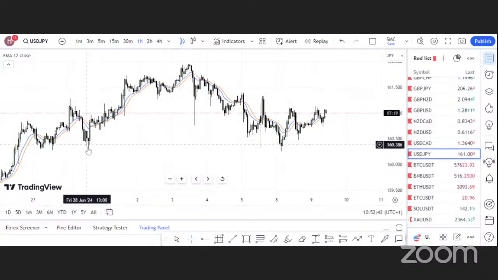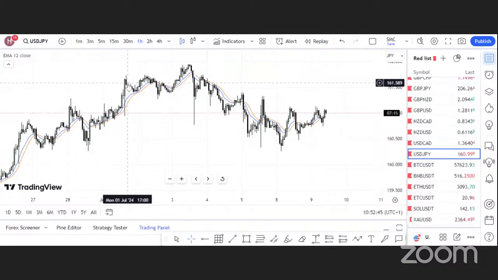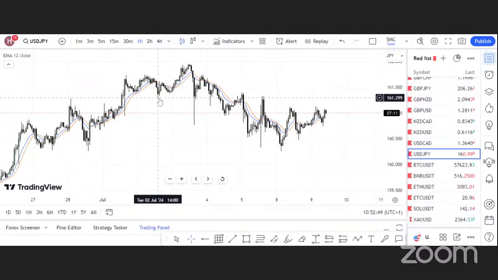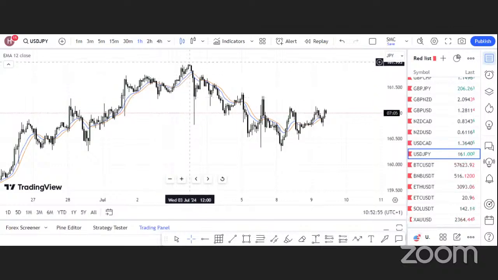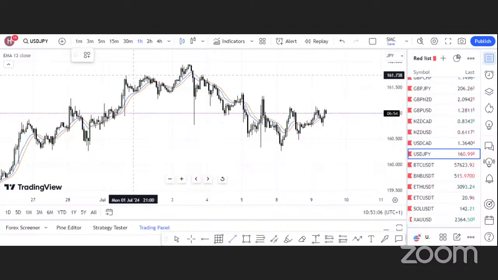Okay. So we have this high, we have this low, we have this high, and then we have this low, that broke this level. So what we're going to do now is, first of all, we want to see if there's a liquidity purge around this level.